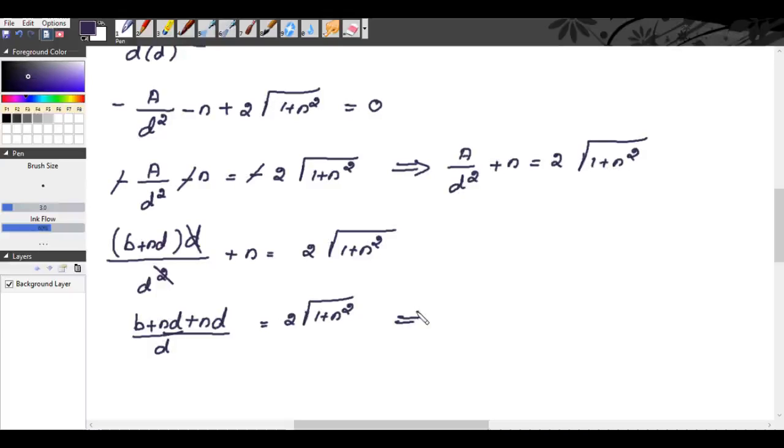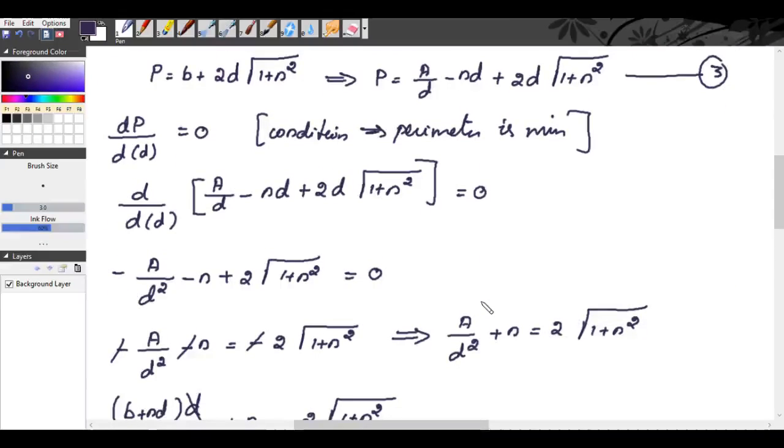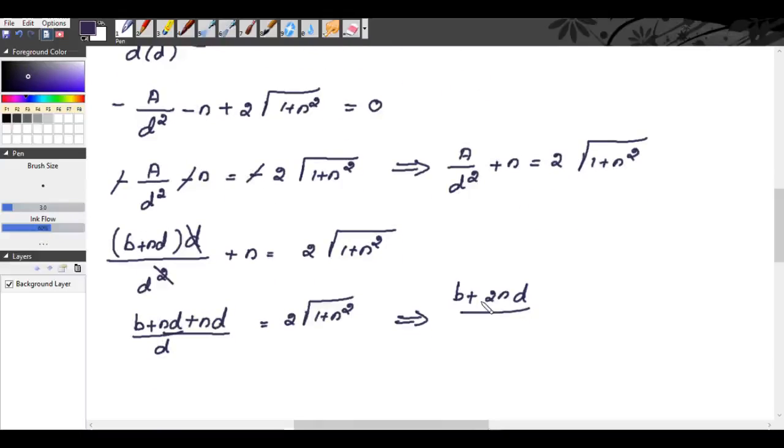So this is nothing but b plus 2nD by D is equal to 2 into root of 1 plus n square.